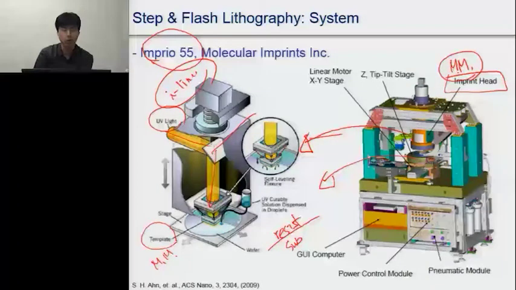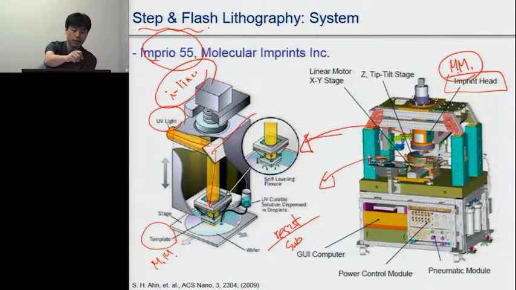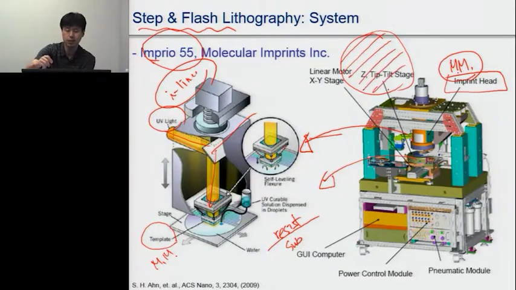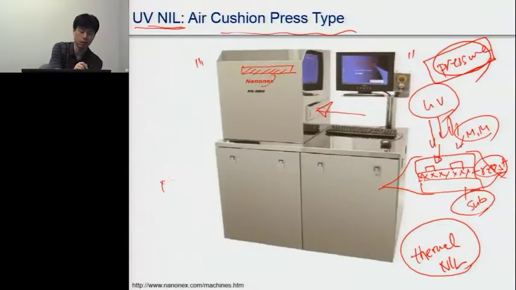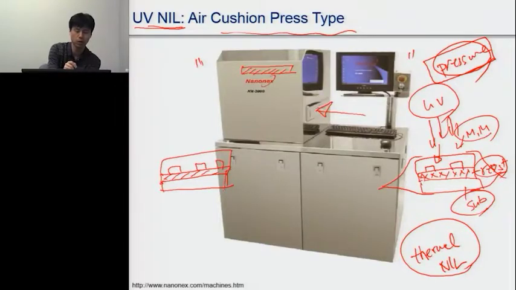The way it works, as the name implies, is like a stepper. If we have a big wafer, in the previous system, like the thermal nanoimprinting lithography, we coat the resist at one time, and the size of the substrate is the same as the size of the master mold.